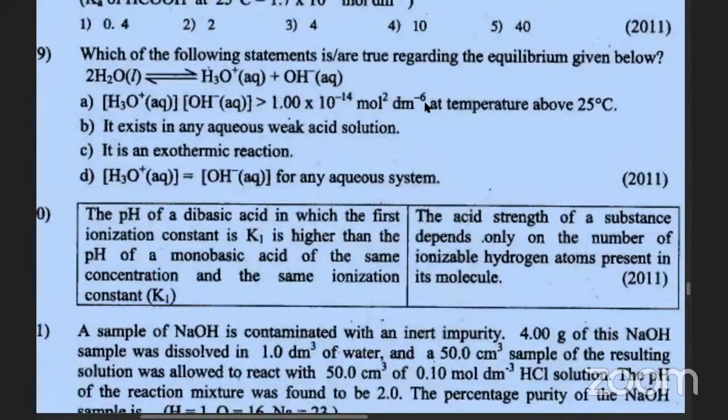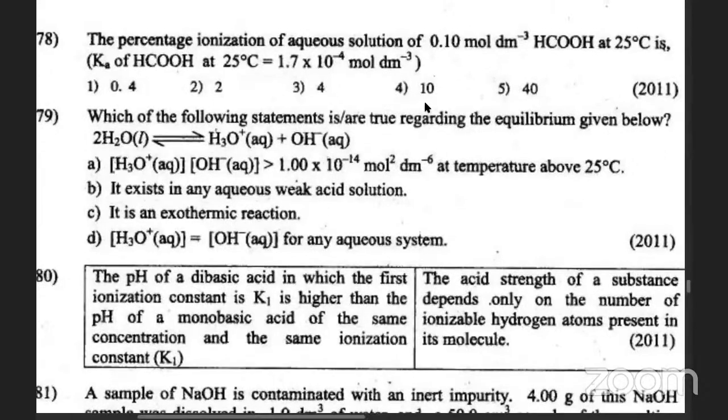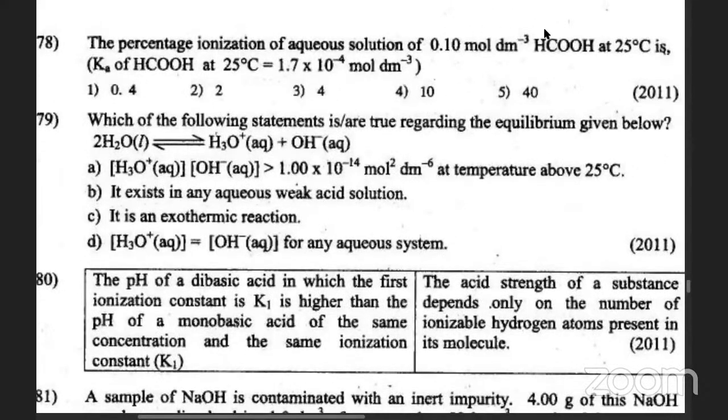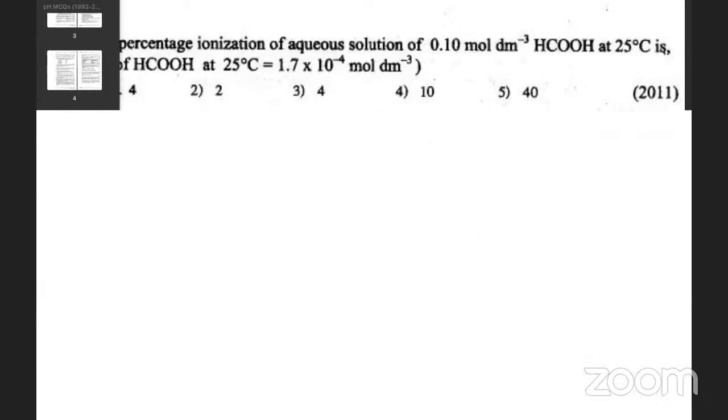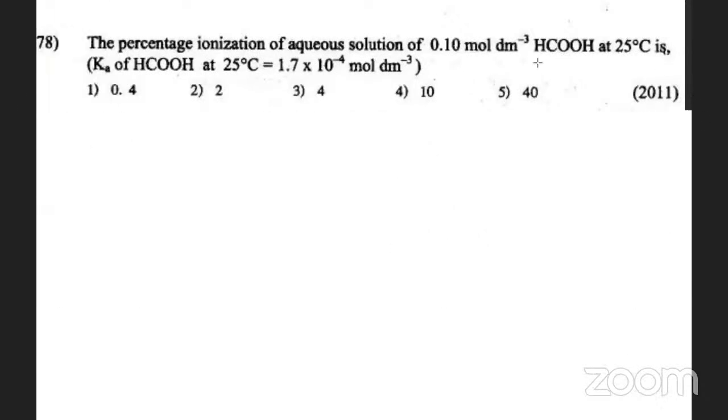Okay, right, then moving on to the next question, that is 2011. The percentage ionization of aqueous solution of 0.1 M HCOOH, formic acid, at 25 degrees Celsius is... easy, directly percentage ionization. Percentage ionization means degree of dissociation, that is 100 alpha.